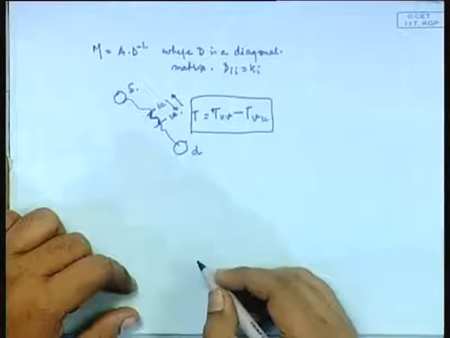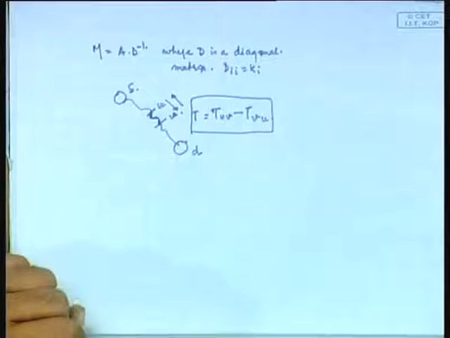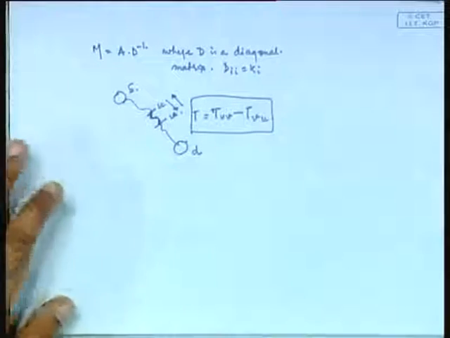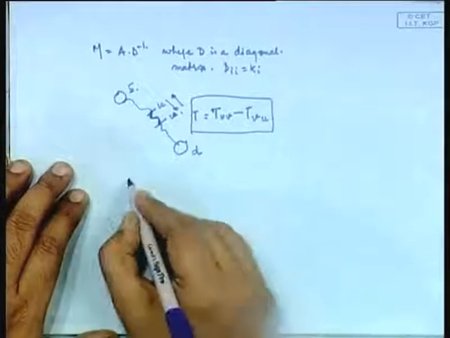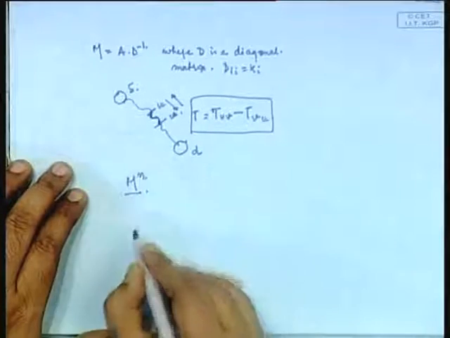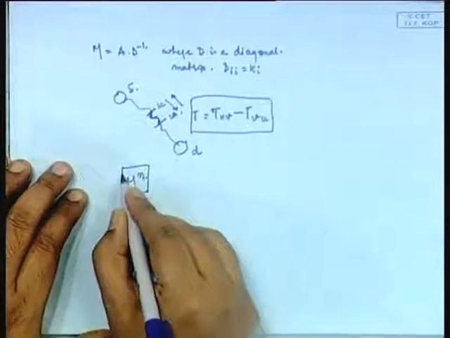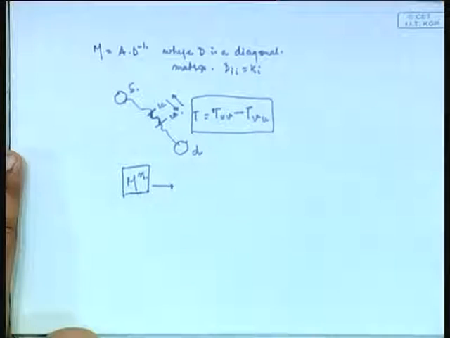Now, one problem with the source destination pair with this random walk matrix is that, first let us think about when we get the transition matrix. What will M to the power n represent? What does this matrix represent?